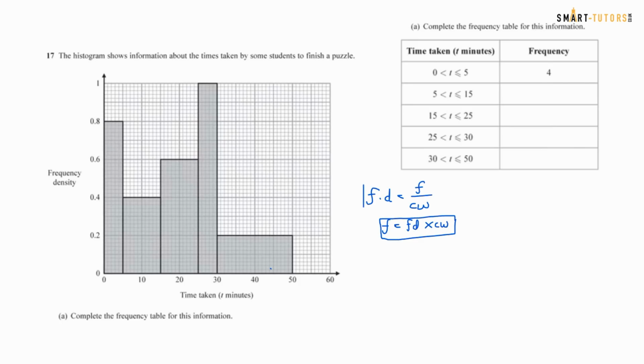If you remember either one of these equations, you can do this question. Let's do the first one. The class width is the difference between 5 and 0, so the class width is 5, and the frequency is given as 4. 4 divided by 5 is 0.8.